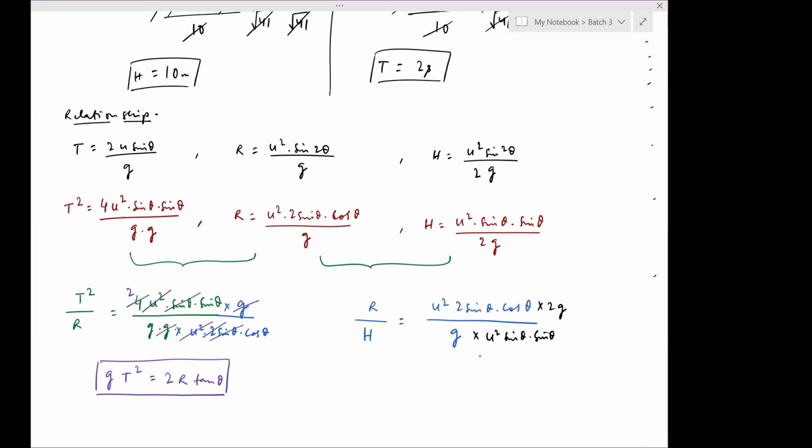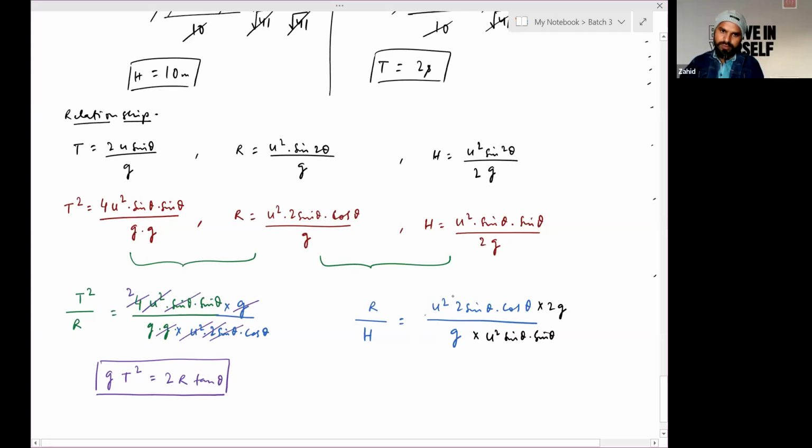Yes, sir. Now similarly, in the second part, u square will cancel out, sine theta will cancel out, and g and g will cancel out. So you're left with 2 into 2, that is 4. And moving sine theta and cos theta to the left hand side, it will become tan theta equals 4 times h.